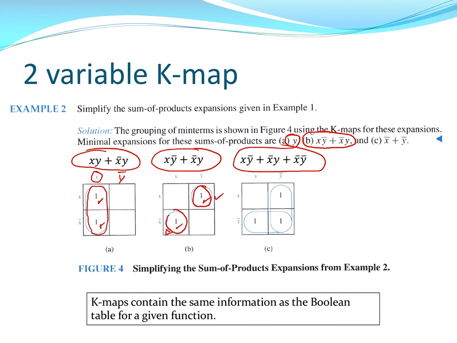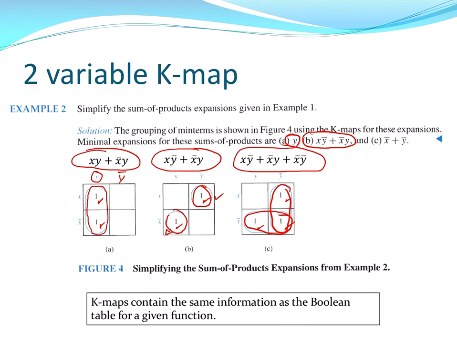All right, this third one, I've got 3 minterms that I need to represent. When x and y bar are 1, I get a 1 here. When x bar and y are 1, I get a 1 here. And when x bar and y bar are 1, I get a 1 in the lower right. Well, now I can cover all of the ones with 2 groups of size 2. One here and one here. Now all of them are covered. Now I can write down the minimized function.